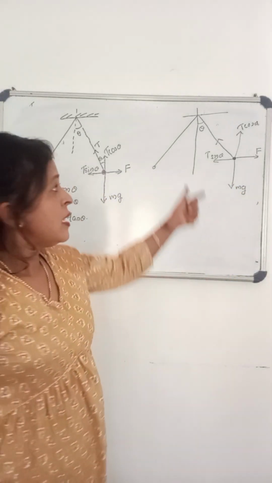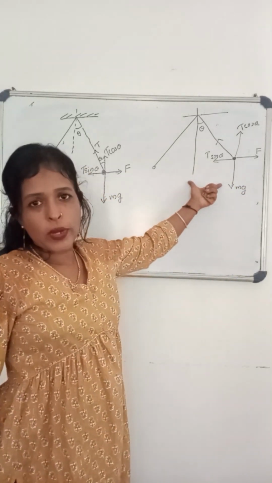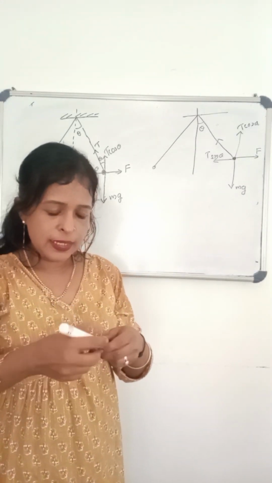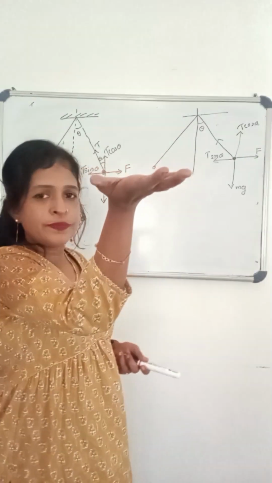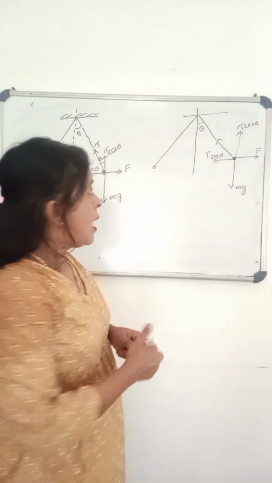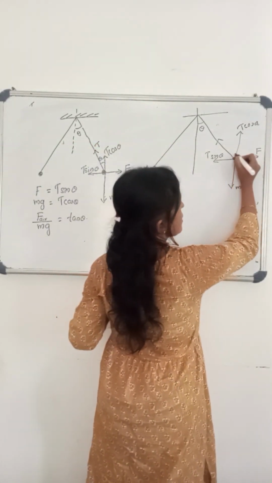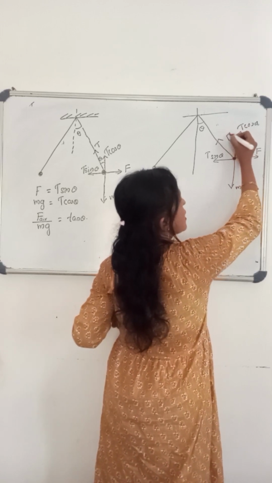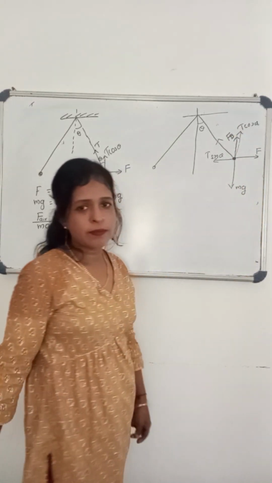But this is inside the liquid. So we know that the liquid will exert an upward force, the buoyant force, having the direction like this. This is the buoyant force, we can call it FB.